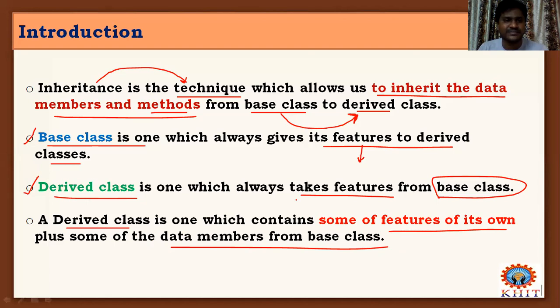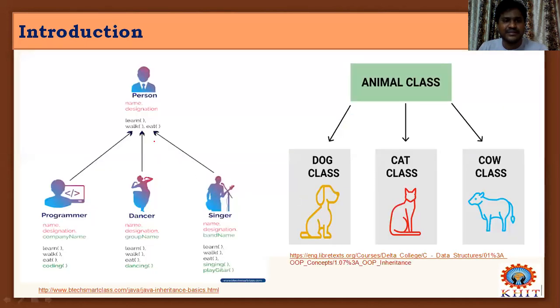Coming to this example for better understanding, consider person as a base class, and these are the subclasses: programmer, dancer, and singer. This person superclass has some properties, data members like name of the person and designation.